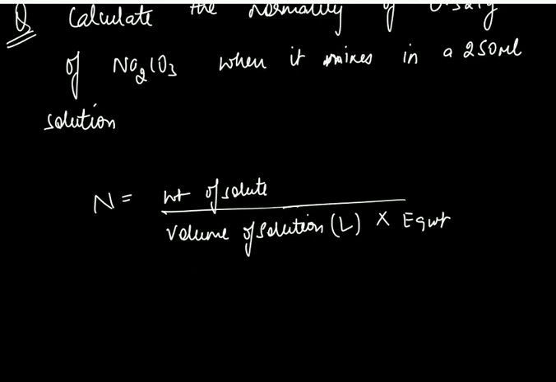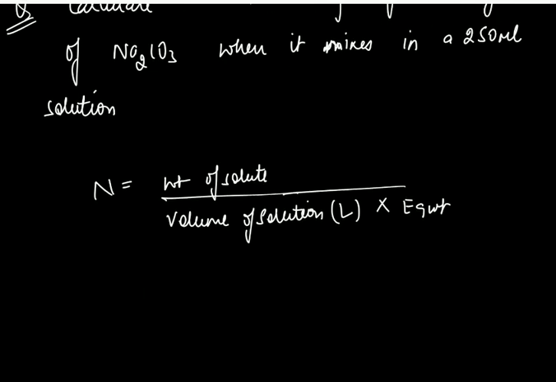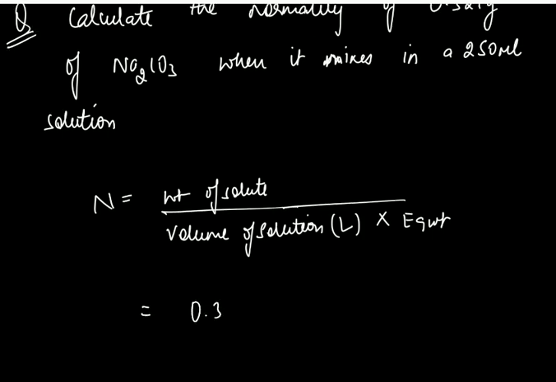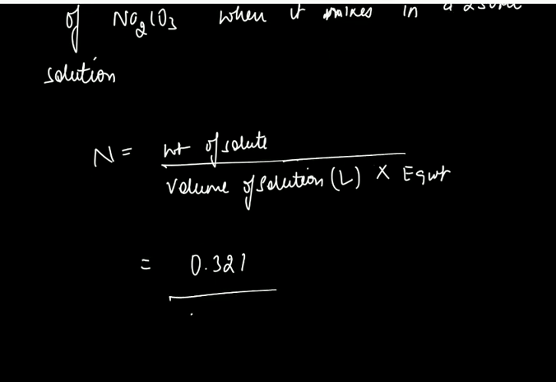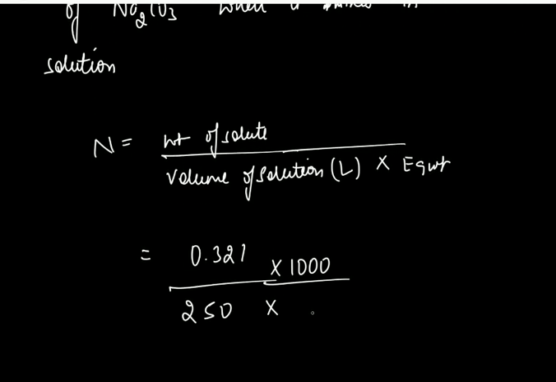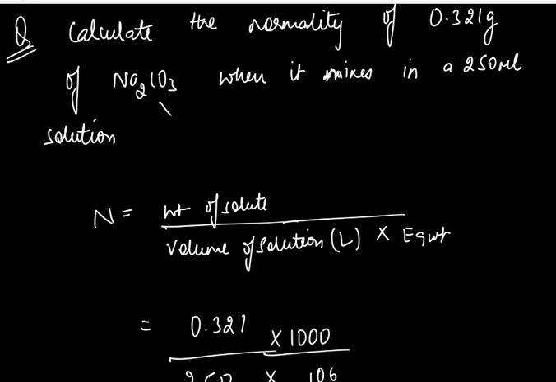So if we want to open this equivalent weight, the weight of solute we already know, that is 0.321 gram. The volume of solution is 250 ml, so into 1000, because it's in ml, you have to convert it into liters. Then into equivalent weight. We did Na2CO3 before, so it's 106, and the n factor for sodium carbonate will be 2.